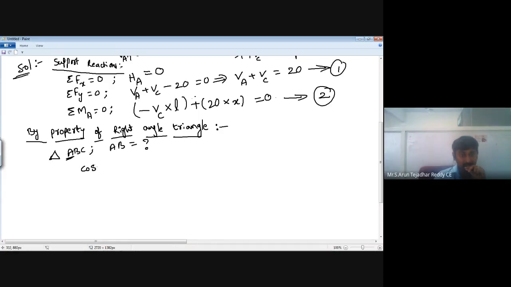That is cos 60 degree is equal to AB by AC. Cos theta is equal to base upon hypotenuse, or adjacent by hypotenuse.